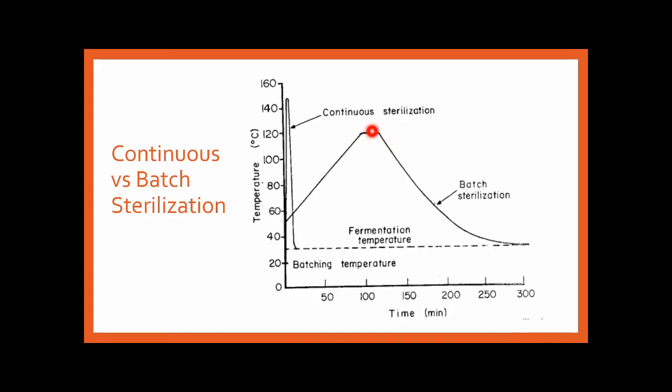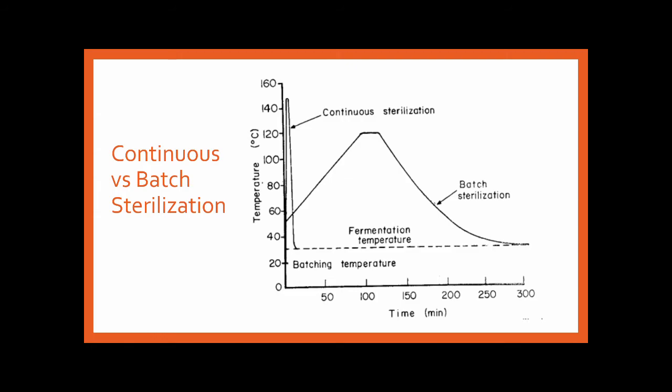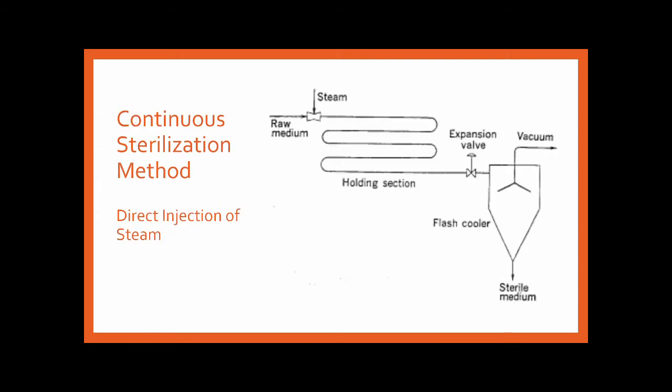Of course, you need to maintain the minimum time requirement at that temperature, and then cool down your sterilized media or sterilized equipment. Whereas for continuous, it's very high temperature at very fast speed. So based on this graph, the ideal is actually a continuous sterilization process.